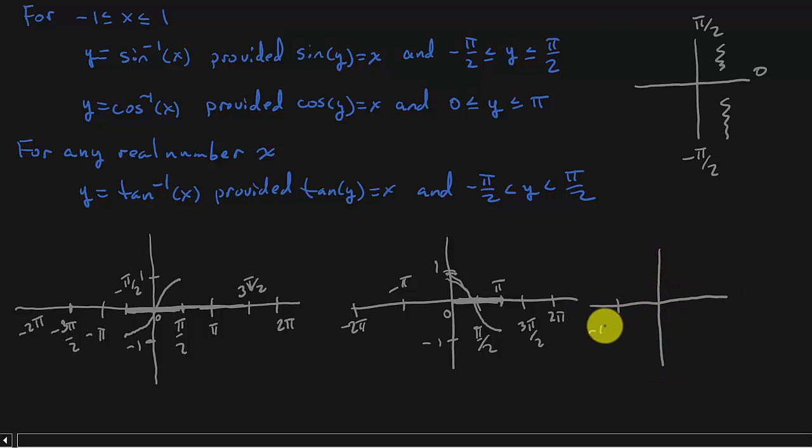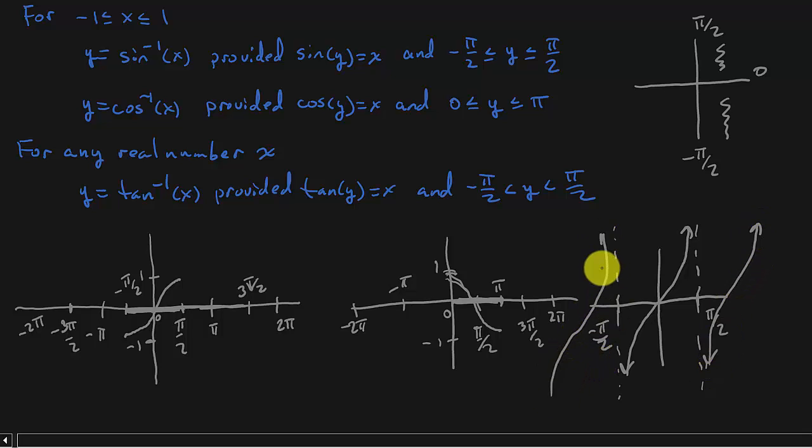So we know just the basic tangent function, when we graph it, would look like this. And of course, tangent keeps repeating, right? It keeps going forever like this, in both directions.